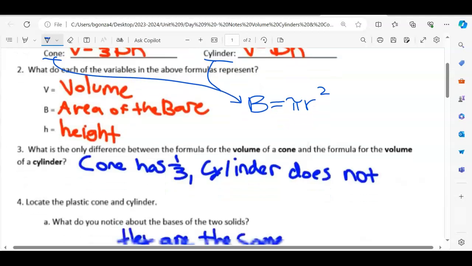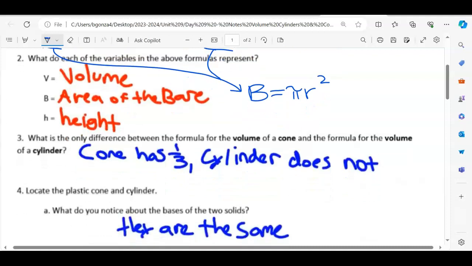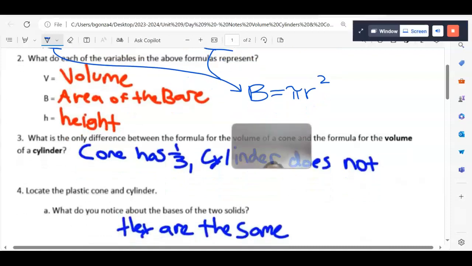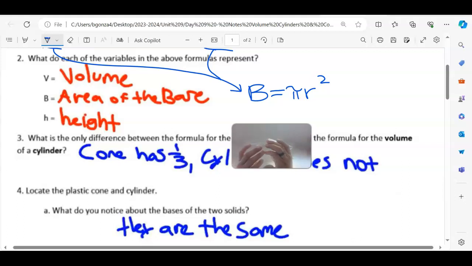Okay, and then we already said, what do we notice about the two bases? In these shapes that I'm holding, we said not only are they circles, but they match up perfectly. I don't know if y'all can see that, but they match up perfectly, and they're the exact same height. I don't know why this is so blurry. Well, but yeah, it basically fits inside of each other perfectly.